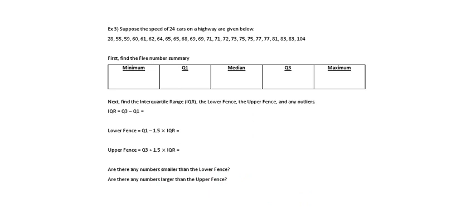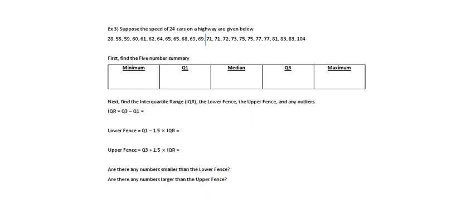All right, we have the speed of 24 cars on a highway. We want to find the 5-number summary. So 24 cars, so first let me divide it into 12 and 12. 1, 2, 3, 4, 5, 6, 7, 8, 11, 12. That's where I put 69 and 71.